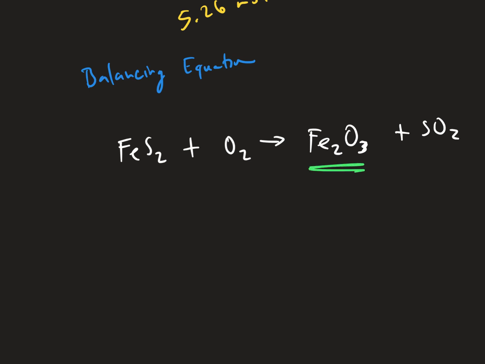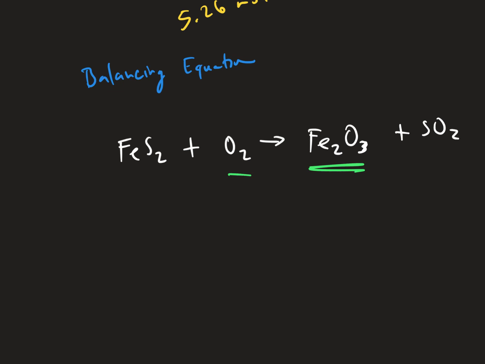Yeah, that one right there. You don't have to remember my little tips and tricks, but it just might make it easier. So if you're struggling, get those tips and tricks down or write them down on your reference sheet, okay? So we can start with iron, that's fine, because we probably shouldn't start with oxygen, right? Because it's all over the place, and it's all by itself right there. Let's save it for last.